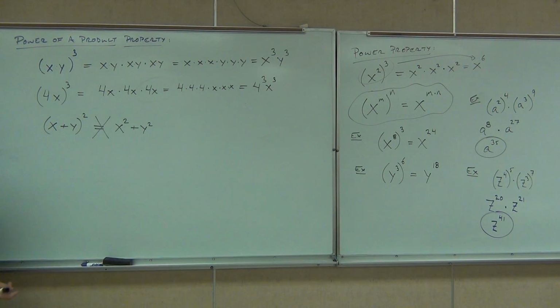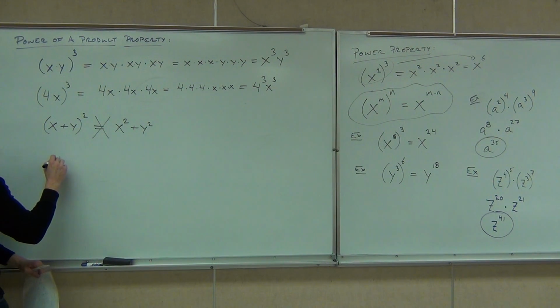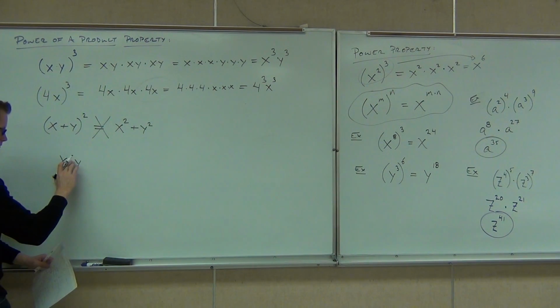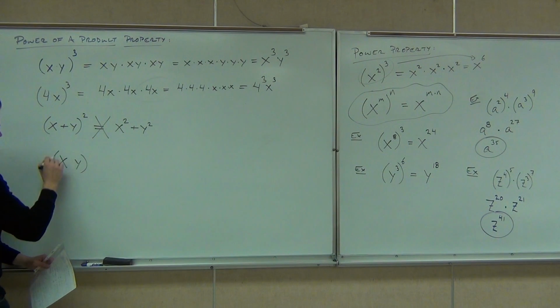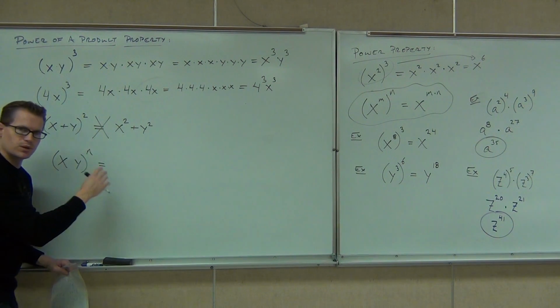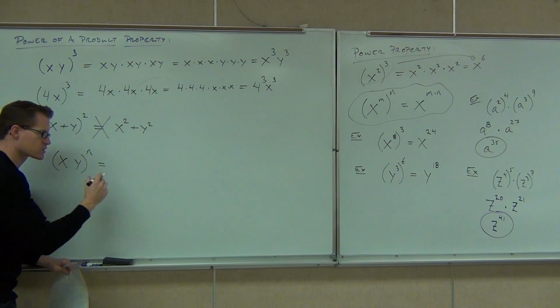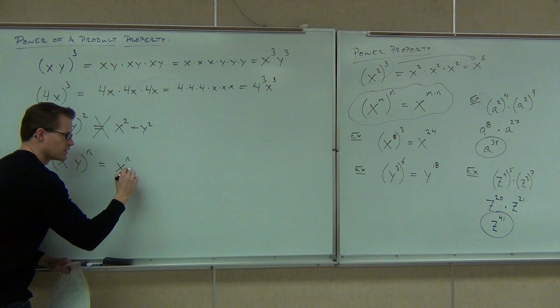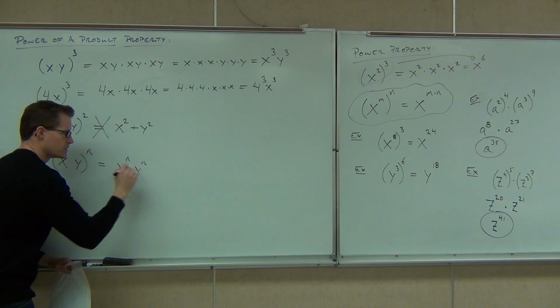Okay, here it is in general. Any product, including numbers, including variables, any product being raised to an exponent is the first factor to that exponent times the second factor to that exponent.